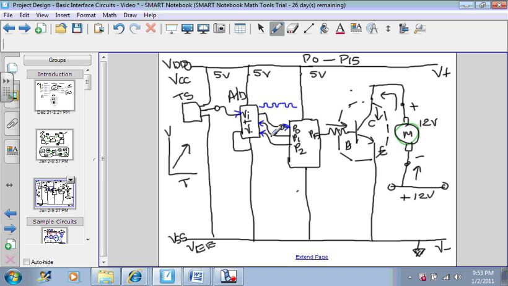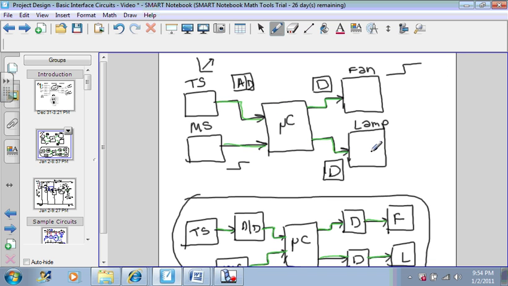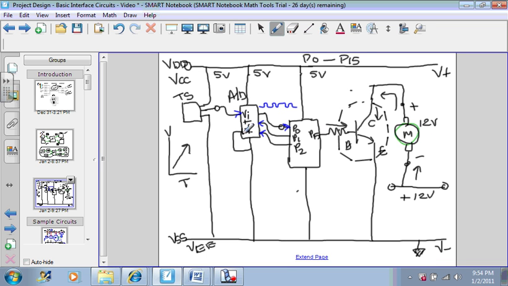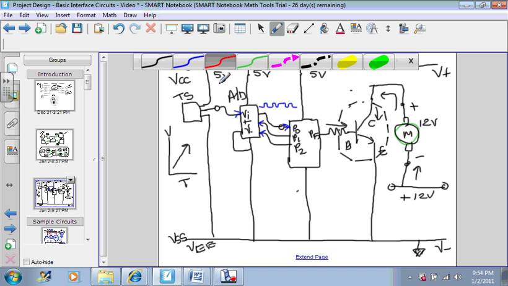This could be considered the first draft of a circuit diagram. To save time and to keep things simple, I will stop here. I will not continue with the motion sensor and the lamp. But the idea is to give you some experience with developing a circuit diagram. So let us review and see if I did my job correctly.